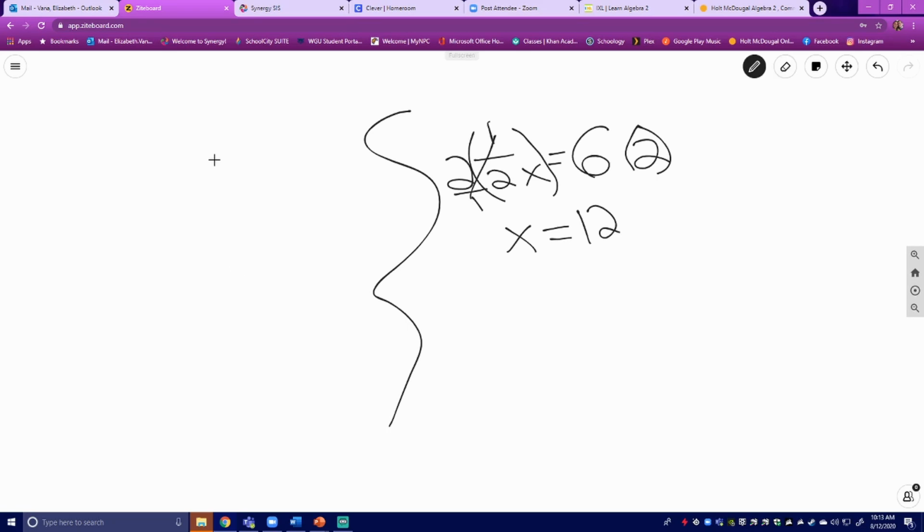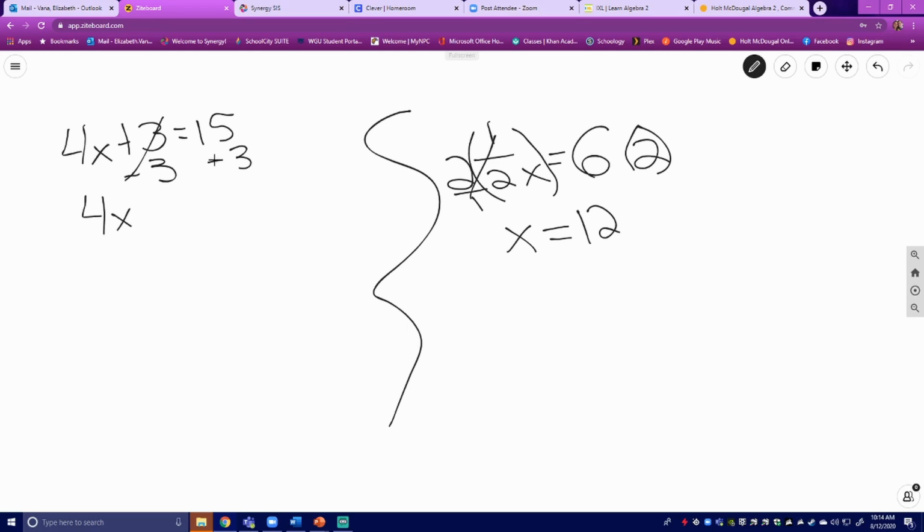Now we have the equation 4x plus 3 equals 15. So now I have a few things over there with x. The first thing I'm going to do is get rid of my addition or subtraction. So since 3 is being added here, I have to do the opposite to move it over. So I have to subtract 3 from both sides.